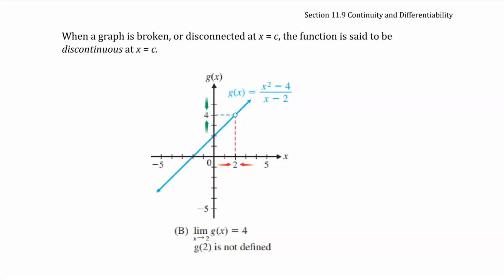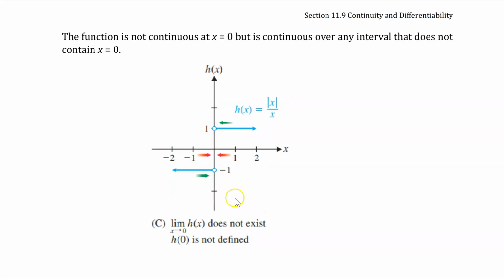And in that case, the graph is discontinuous at that value of x. In other words, if the function is not defined at a particular value of x, automatically the function is discontinuous at that x.